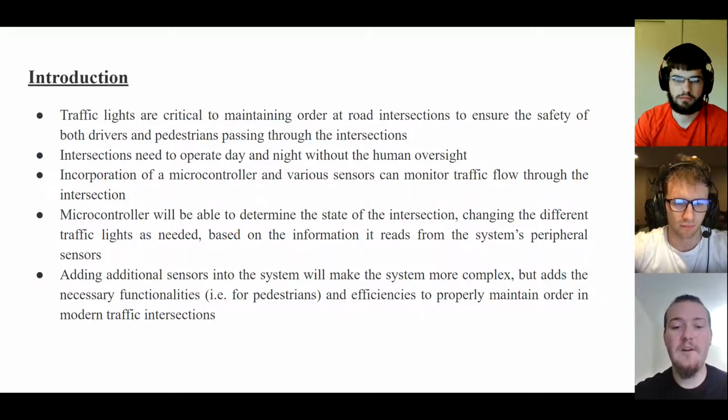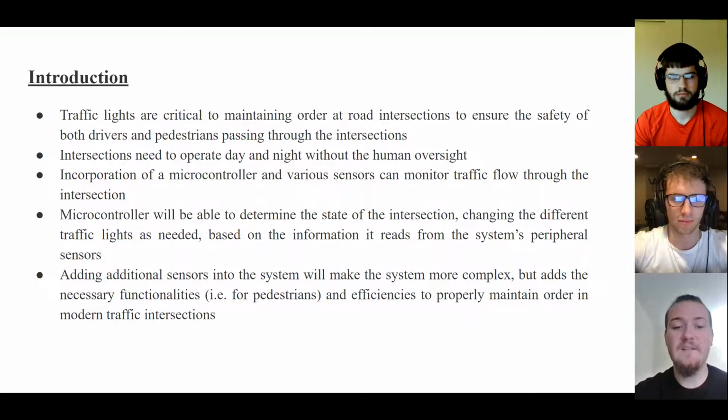Microcontrollers will be able to determine the state of the intersection and change the different traffic lights as needed from path 1 to path 2 based on the information they can read from the sensors. Adding additional sensors into the system will make it more complex, but adds the necessary functionalities and efficiencies to properly maintain the order of these traffic intersections.